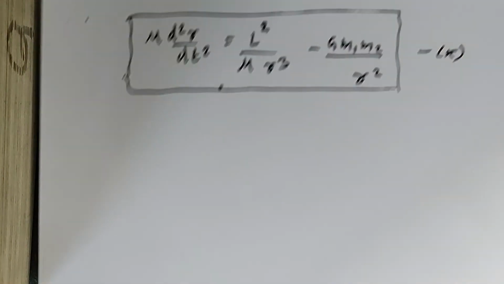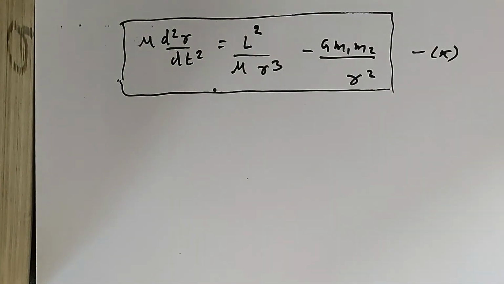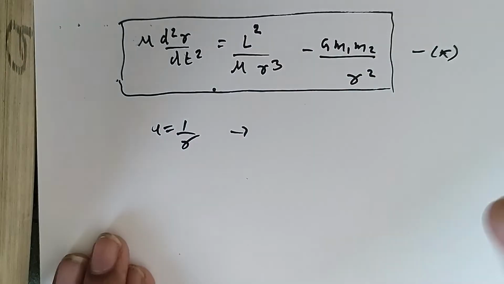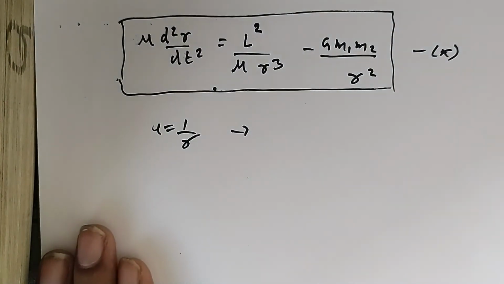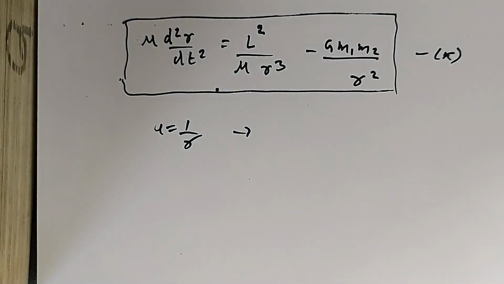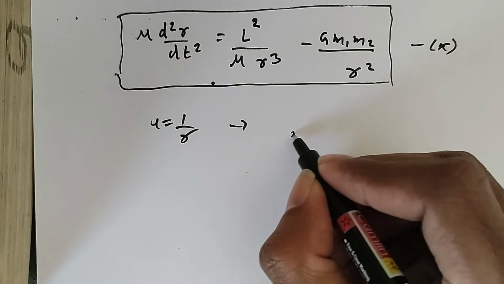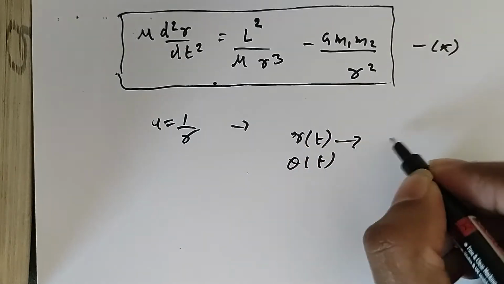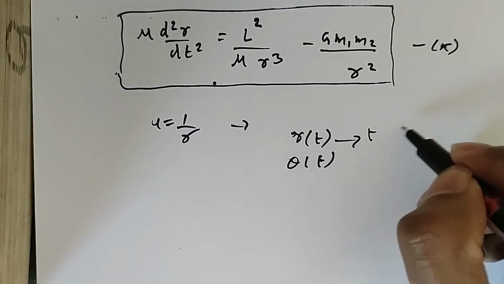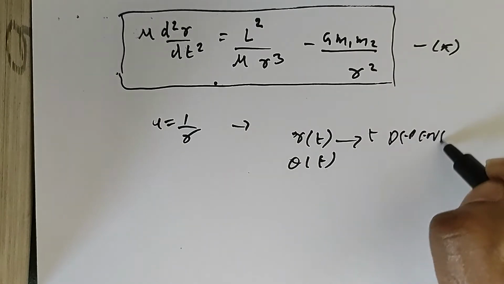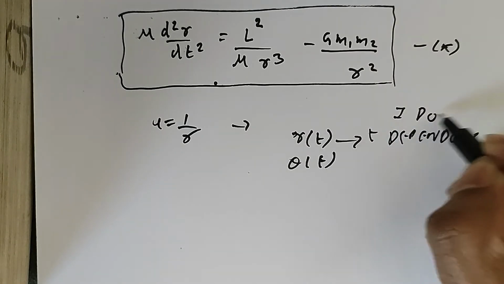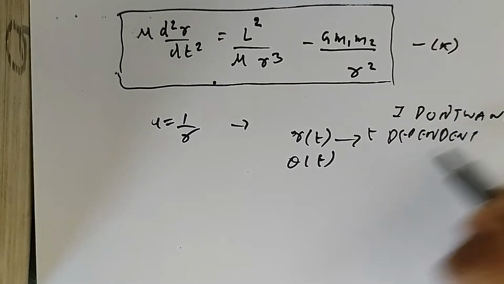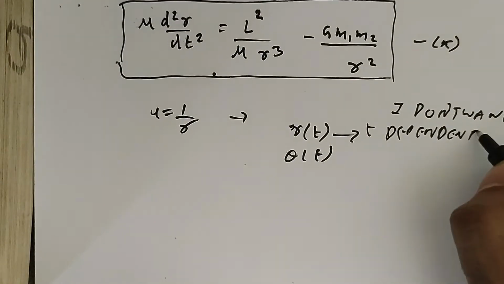Now, what I'm going to use is the same substitution as we did before. We use the u is equal to 1 upon r substitution. But before that, I want to make sure that my components are not in the time dependent form.